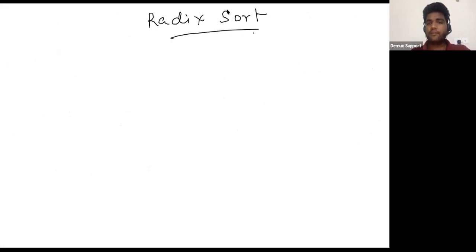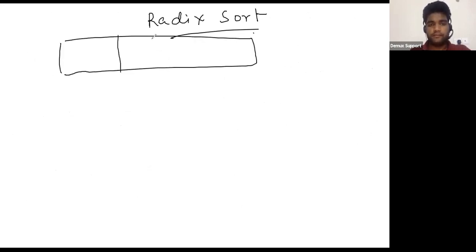So radix sort is basically this: you have a sequence of numbers. Let's say you have 73, you have 273, you have 45, let's say you have 1652, and you want to sort this.